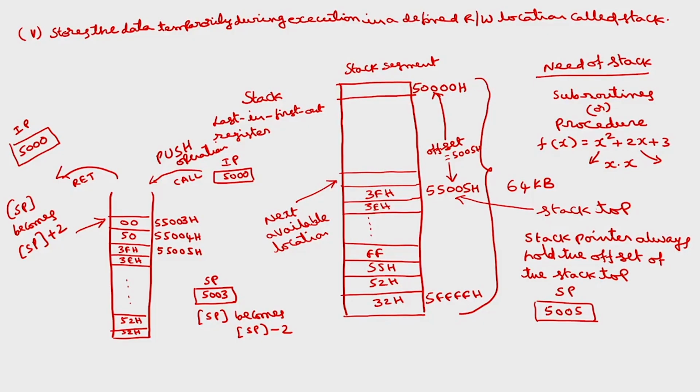While storing, which is called the push operation, the stack pointer becomes stack pointer minus 2, because we are going to save this, and in case of the pop operation, stack pointer becomes SP plus 2. I will discuss this in detail while discussing the push and pop instructions of 8086. So this is the fifth operation that will be performed. These are the 5 operations that take place inside the microprocessor, which are called internal data operations.